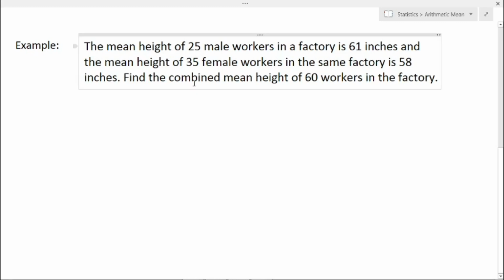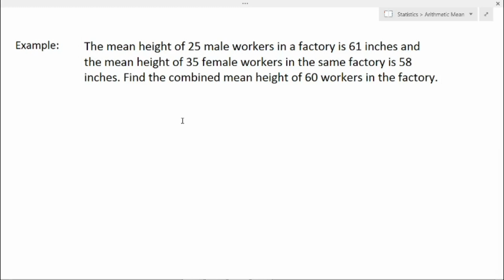First mean value is 61 inches, and number of items is 25. Similarly, the second mean value is 58 and number of items is 35.